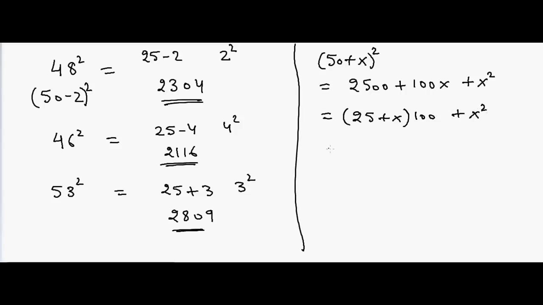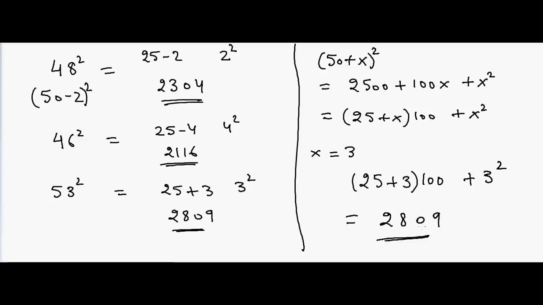So if x is equal to 3, then I'm adding 25 plus 3, and then I'm adding 3 square, so the answer is 2809. This is how the trick works. It's based on (a plus b) whole square.